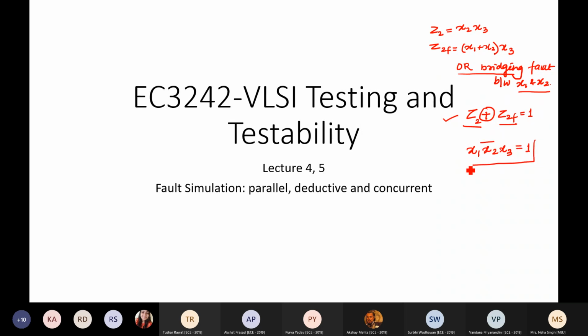When you solve using your digital electronics concepts, XOR solve karoge, so you will get this expression at the end, which simply means this value will be true only when x1 is 1, x2 is 0, and x3 is 1. So the test pattern which will be detecting the OR bridging fault is given as 1 0 1. Right?